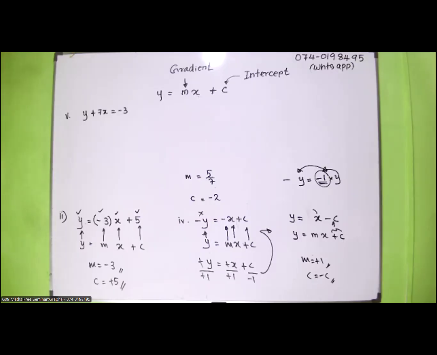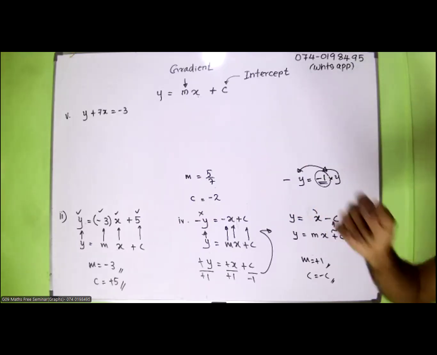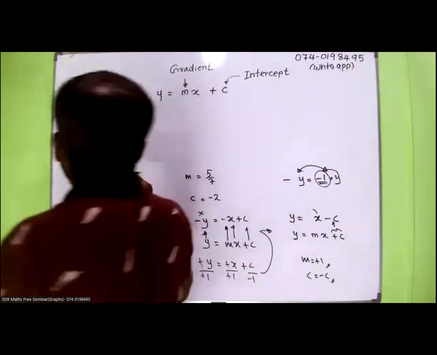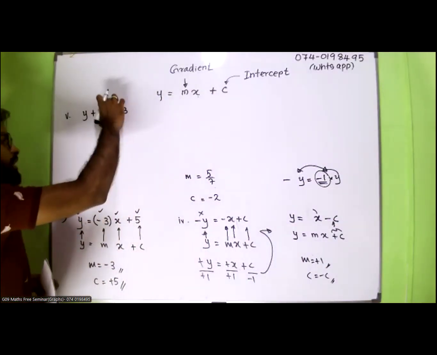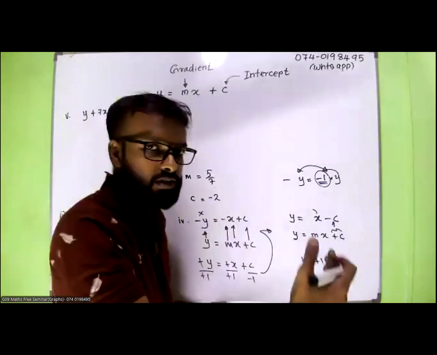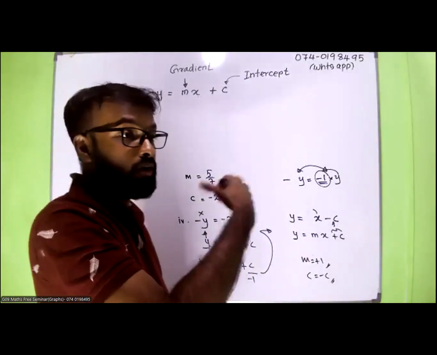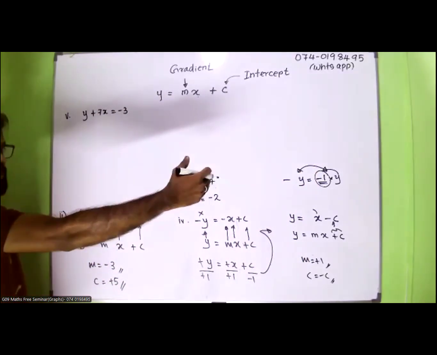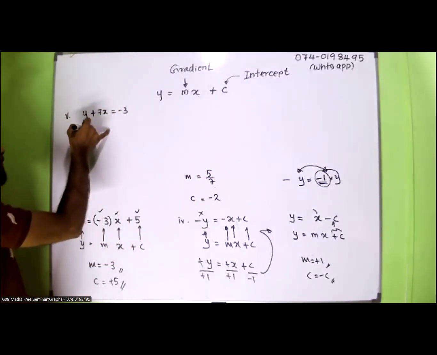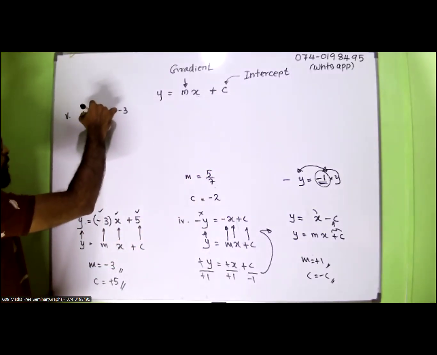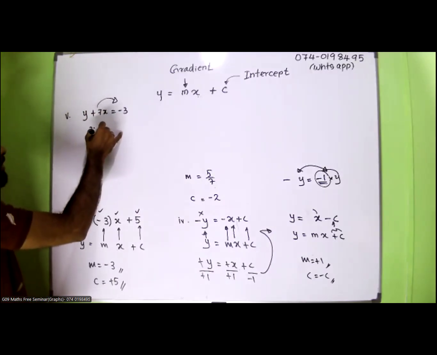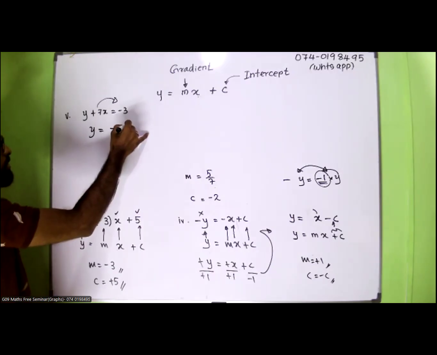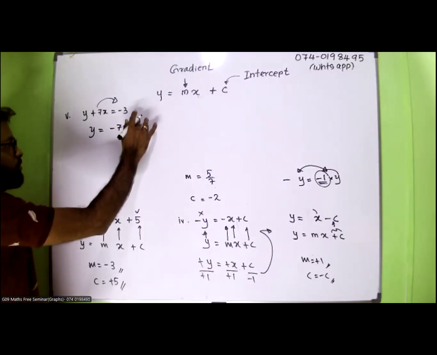I will discuss. So you need to make sure that you have y equals mx plus c, and this is not in the form of y equals mx plus c. So you need to convert it into y equals mx plus c. So here you have plus 7x, so you are going to take it to the other side. Y equals minus 7x minus 3.